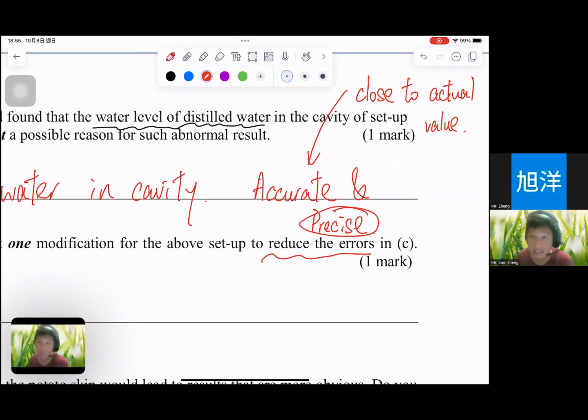It means that if we repeat the experiment many times, whether we could obtain very close or similar results, even the same result. This is related to precision, or consistency, which has the same meaning as precision.